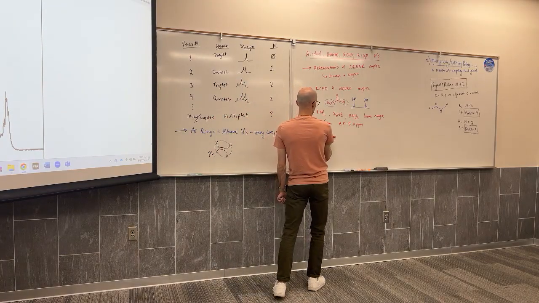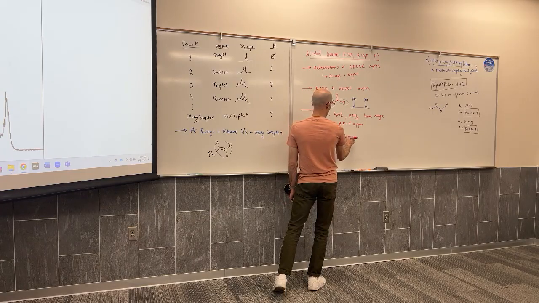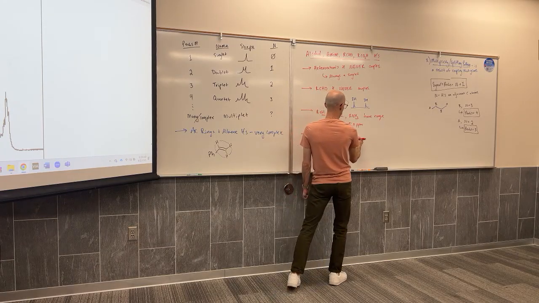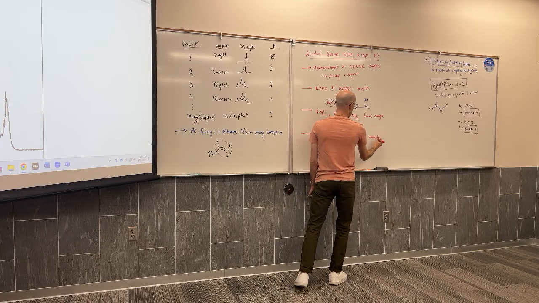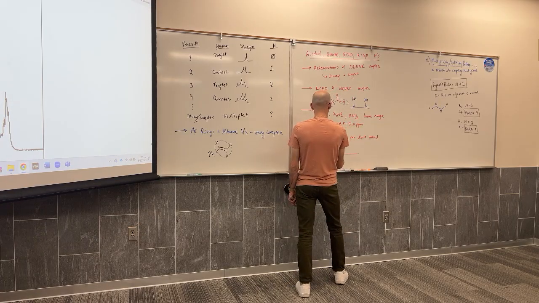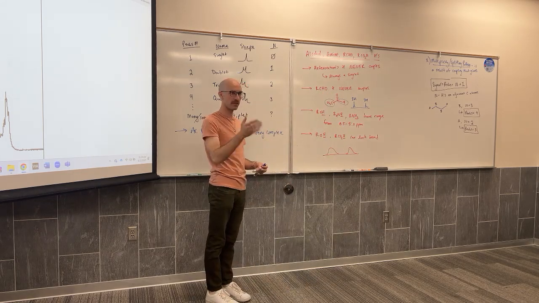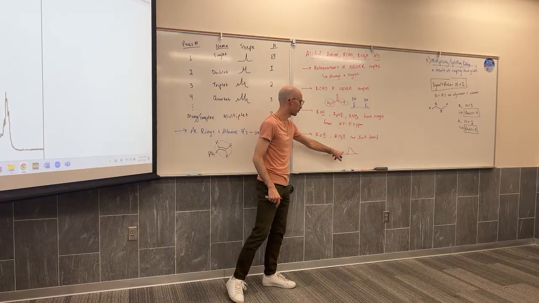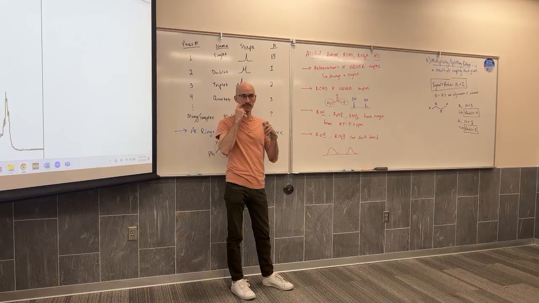And then lastly, the ROH hydrogen and the RCO2H hydrogen can look broad. Rather than having a sharp signal, sometimes the signals produced by these hydrogens are broad to flat.